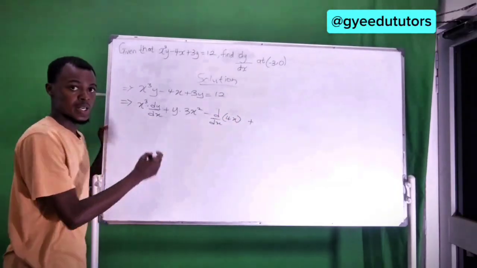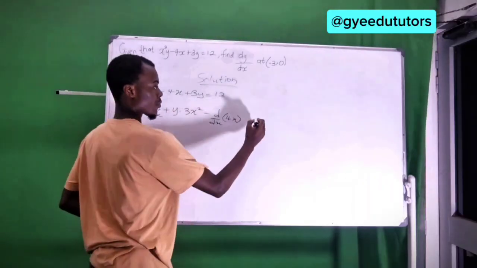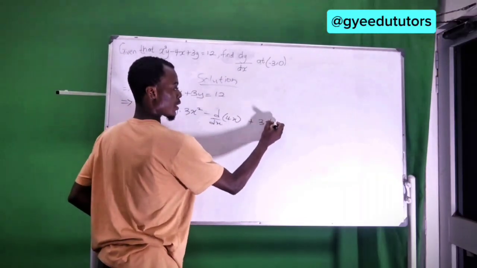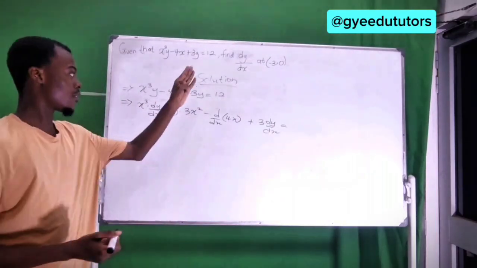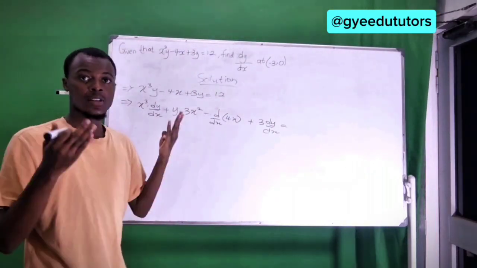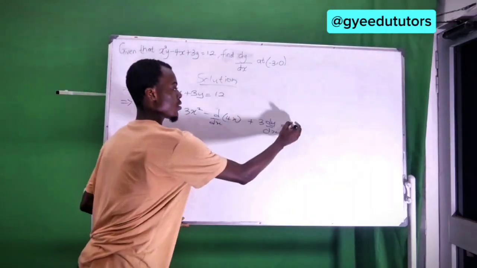Okay. So after we find d/dx of 4x, and the same for 3y. If you find the differential of y, you get what? 3 dy/dx. And at the other side, 12, if you find the differential of a number, it is what? 0.